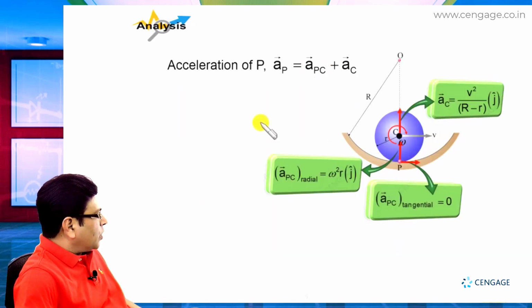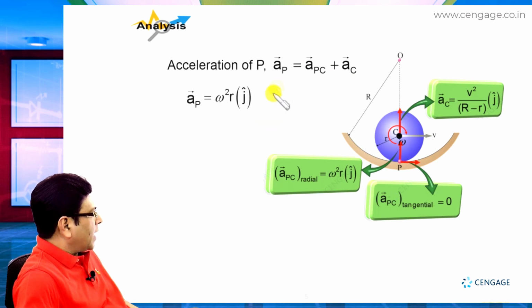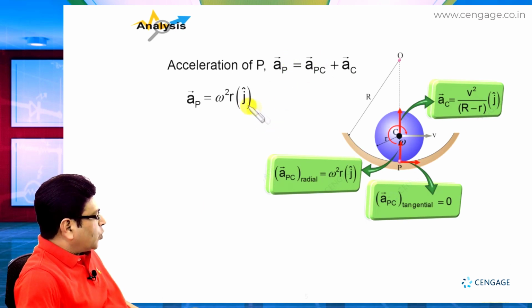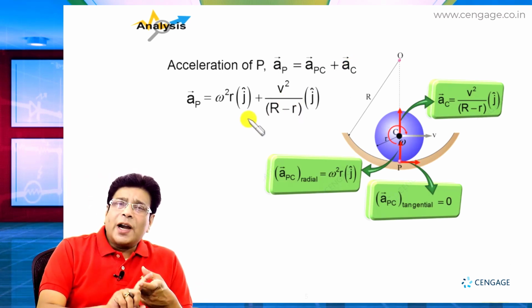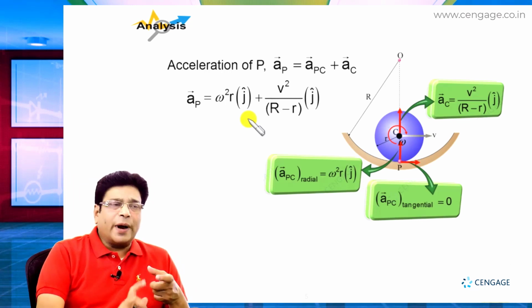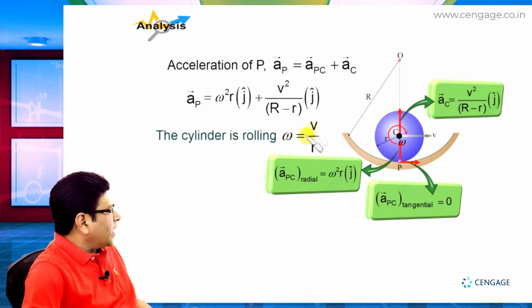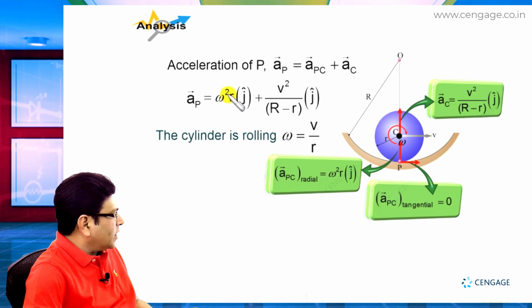So let us substitute these values. This is the acceleration of P with respect to C and this is the acceleration of C. And we know if the cylinder is rolling, we can write omega is equal to v divided by small r. Now we can substitute the value of omega in this equation.